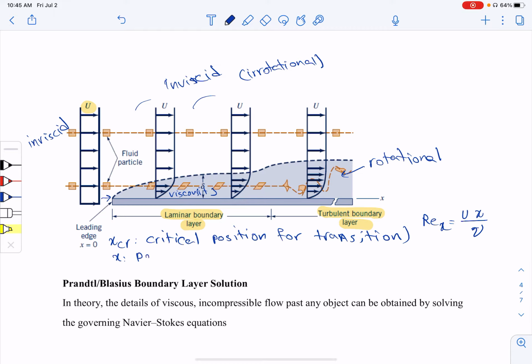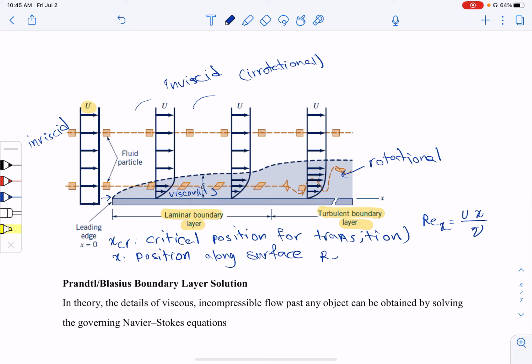So let's say that X is position along surface. Then this is how we are going to find the X_cr, which is the critical position for the transition.